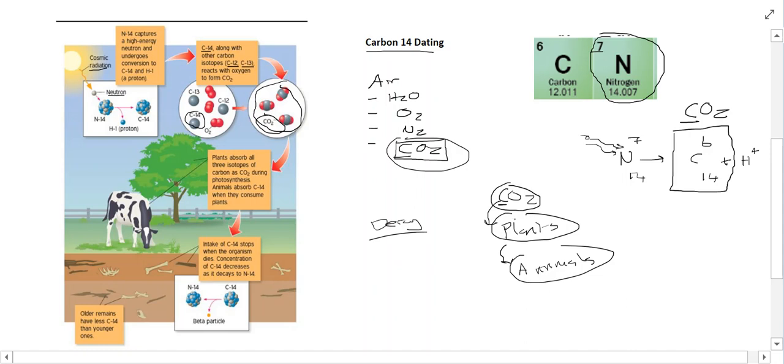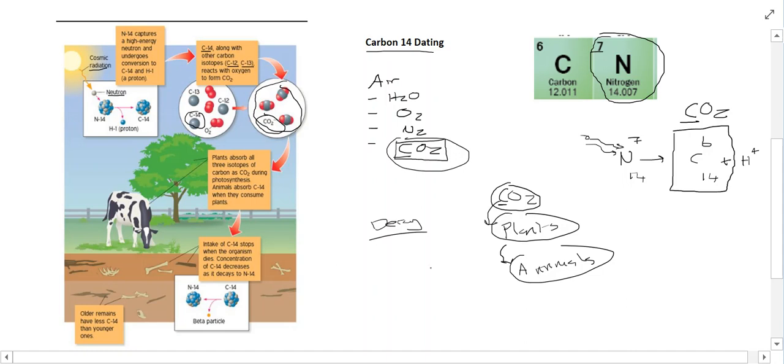Now, while the plant is still alive and the animal is still alive, the plant will just keep taking in CO2 from the air, and the animals, for example, will keep eating the plants. And whatever carbon 14 has decayed will be replaced by more carbon 14 because it's consuming. For example, the plant is all the time taking in carbon 14.